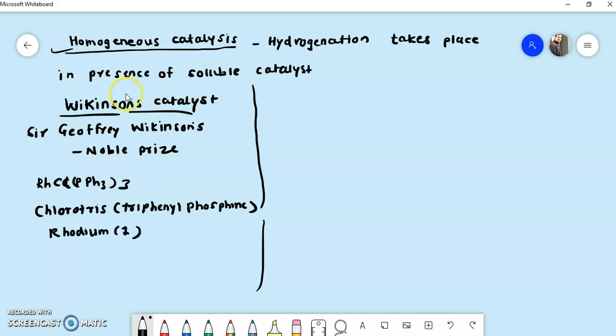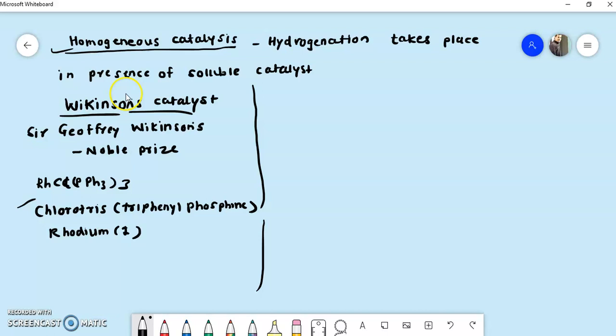And the oxidation state of rhodium is 1 here. So the formula is RhCl(PPh3) taken thrice. This is a coordination compound, where Ph is a phenyl, and it is named after the chemist and Nobel laureate Sir Geoffrey Wilkinson.